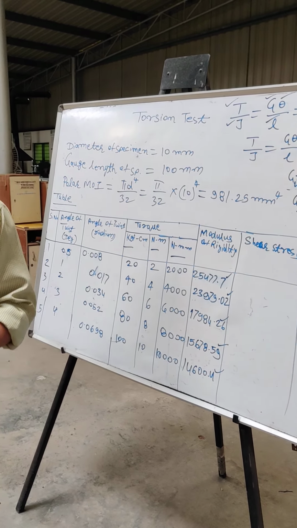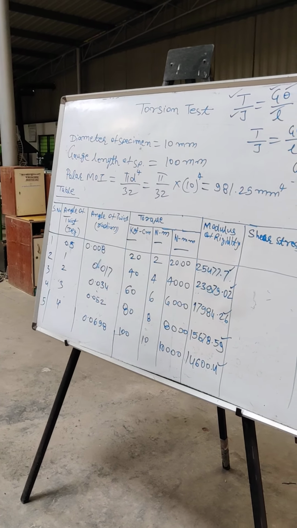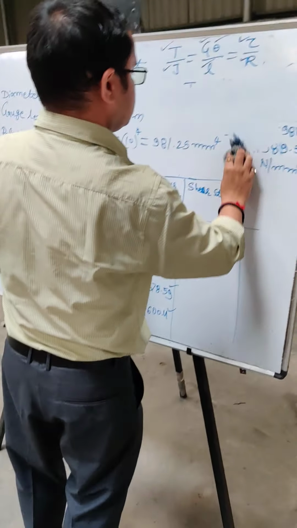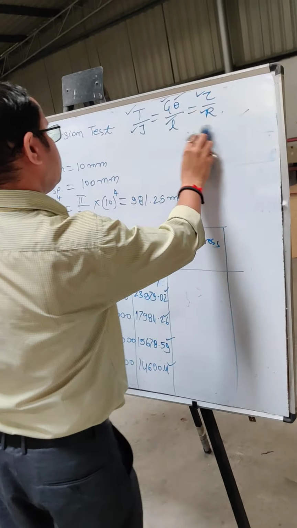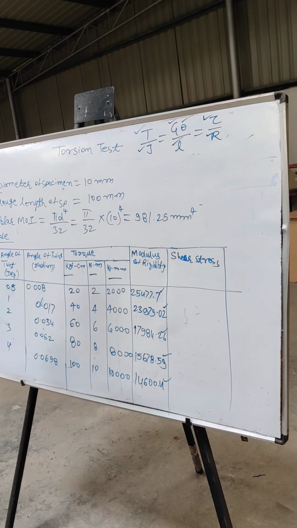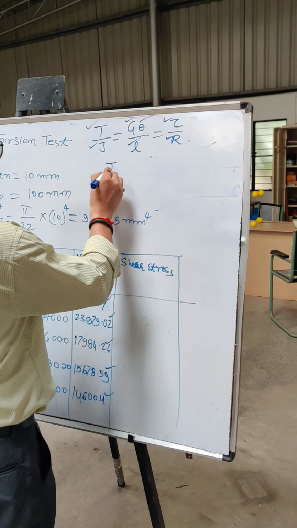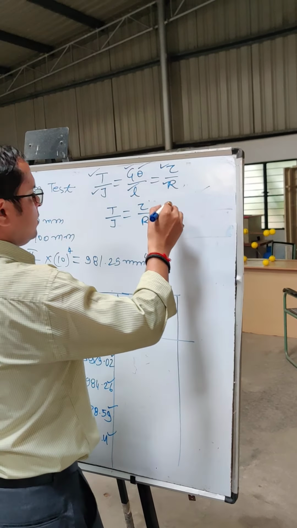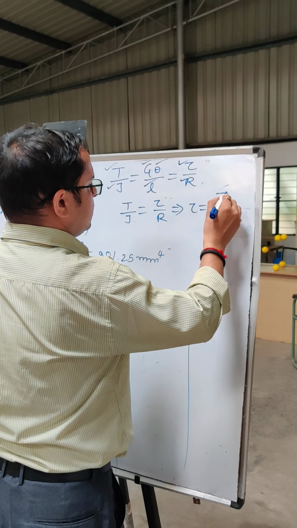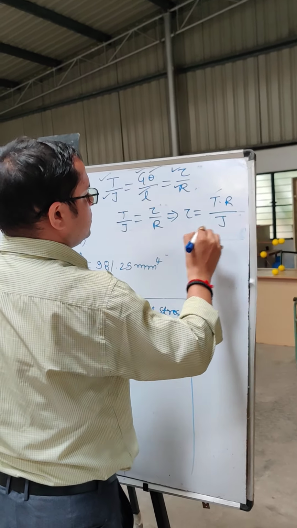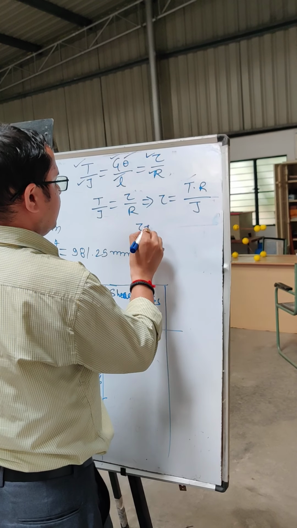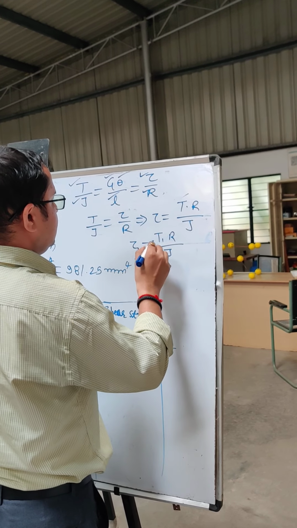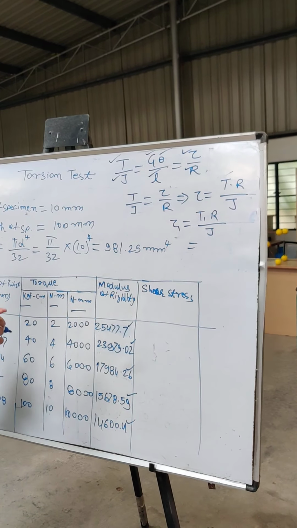Next we have to calculate the shear stress. So how to calculate the shear stress? Shear stress is T by J equals tau by R. So tau is the shear stress, so tau equals T into R by J. So tau 1 is T1 into R upon J. If T1 is changed, the shear stress changes.